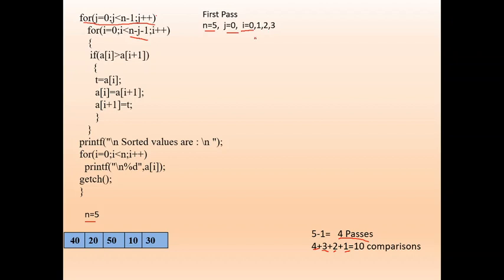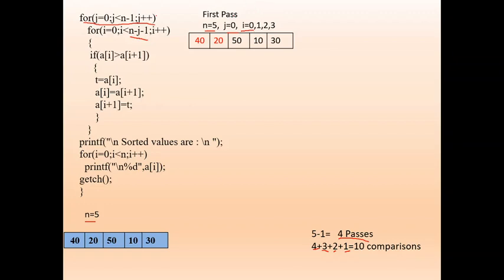I will get 4 iterations, with index 0, 1, 2, 3. Now you are clear about outer loop iterations and inner loop iterations. Outer loop is 0, 1, 2, 3. Inner loop is 0, 1, 2, 3 in this case, because i is less than n minus j minus 1.